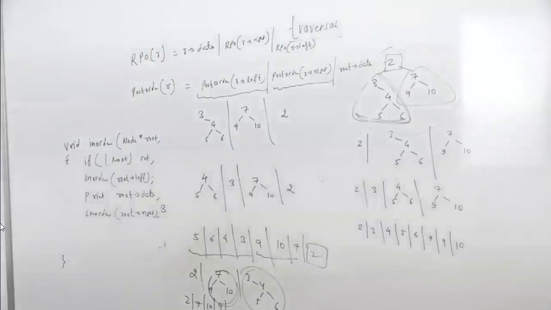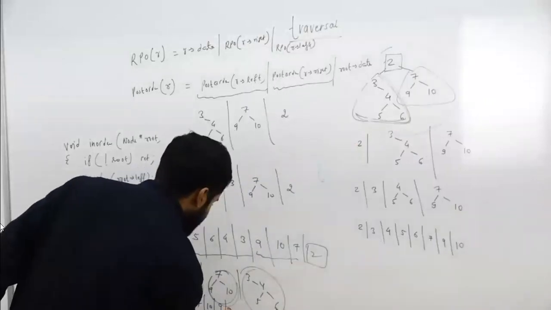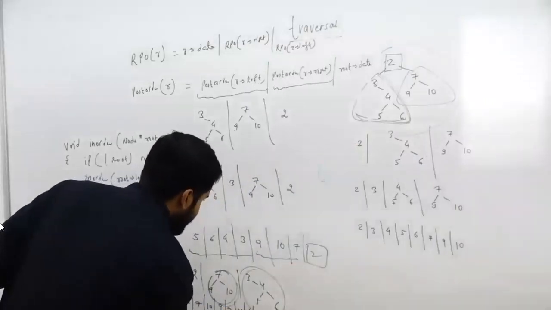Can you tell me the reverse post order of the remaining part of the tree? Is it 3, 4, 6, 5, or is it something different? 3, 4, 6, 5, right? Okay, cool. We have got 3, 4, 6, 5.